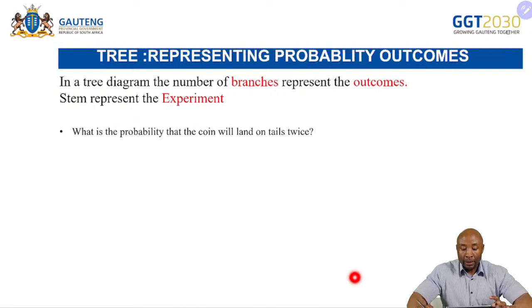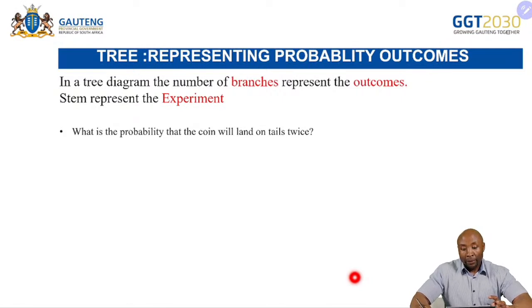But what we are interested in for our probability outcomes is that we can use tree diagrams to help us represent probability outcomes. And in a tree diagram, the number of branches is going to represent our outcomes.